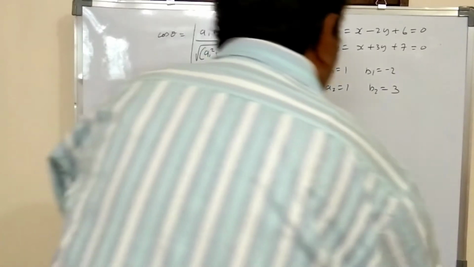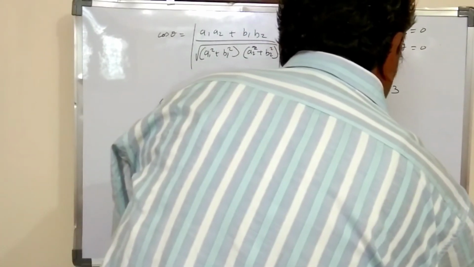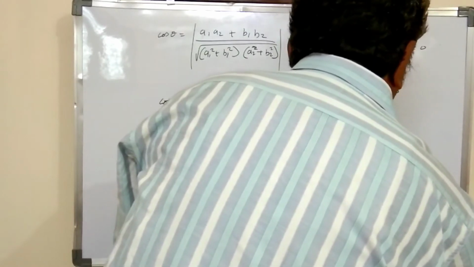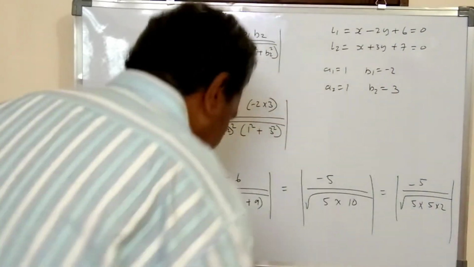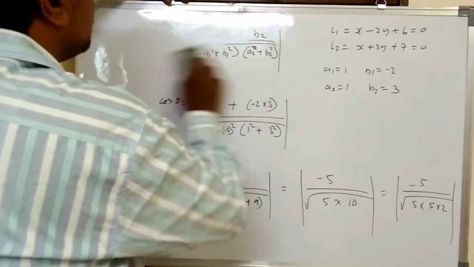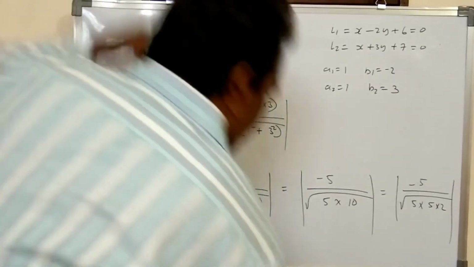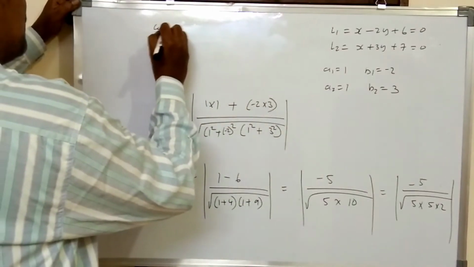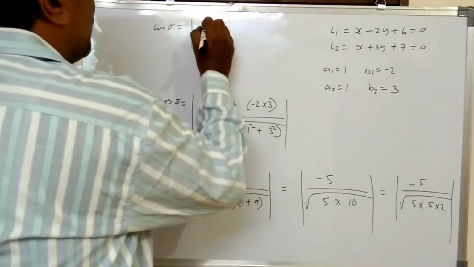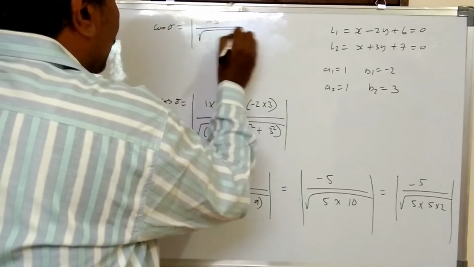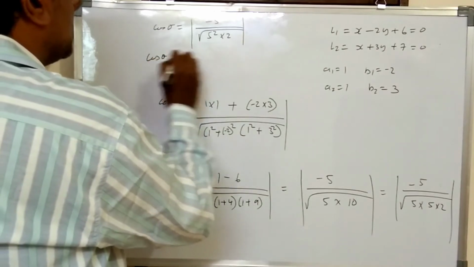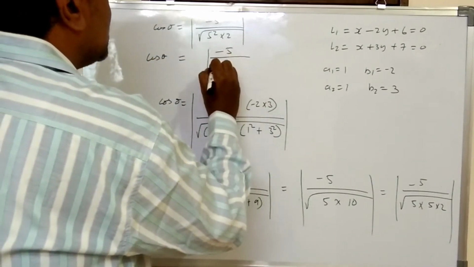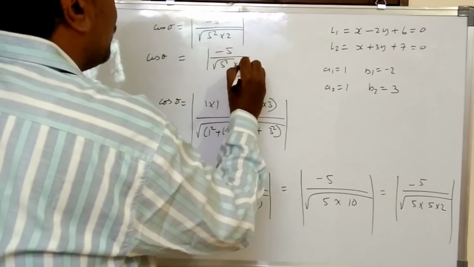Now that becomes mod 5. Mod 5, minus 5 by, you can write this as 5 into 10, you can write it as 5 into 2. Isn't it? Close the modulus. We'll continue here. That is equal to cos theta is equal to minus 5 by square root of 5 square into 2. That becomes cos theta is equal to minus 5 by square root of 5 square into square root of 2.